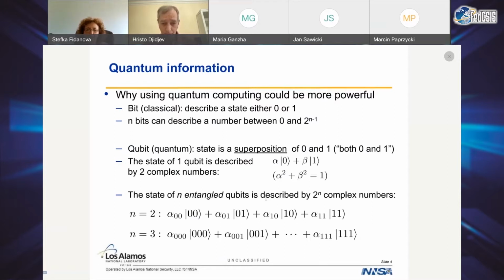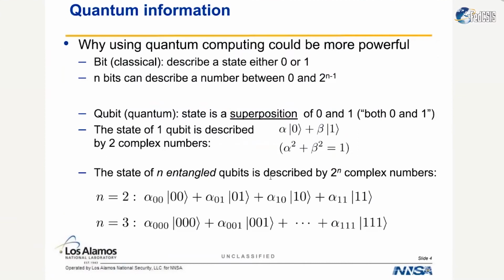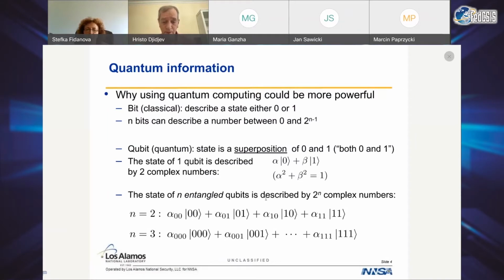Okay, so when we have n entangled qubits in the quantum case, this represents 2 to the n complex numbers. This is the amount of information contained in n entangled qubits. For example, if we have 2 qubits, their state is described by this formula: alpha 00 |00> plus alpha 01 |01> and so on.